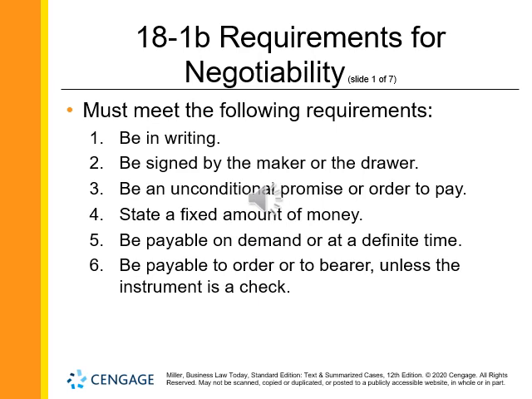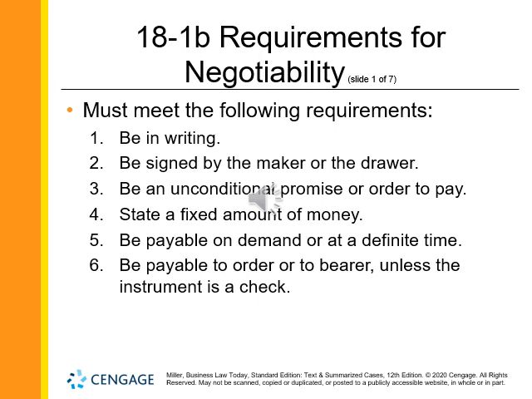It has to state a fixed amount of money. So it can't be indefinite. It can't be, in order to pay the amount of damages that you've incurred because of my breach of a contract, for example. It has to specify a particular amount, whatever that number might be. It has to be payable either on demand or at a definite time in the future.